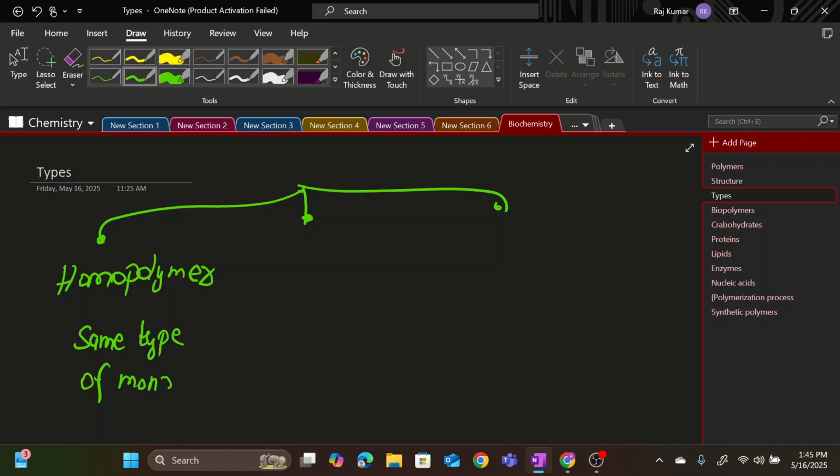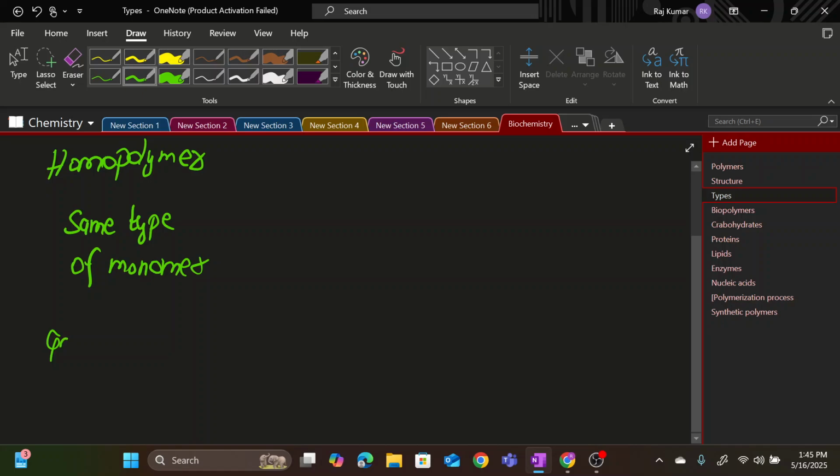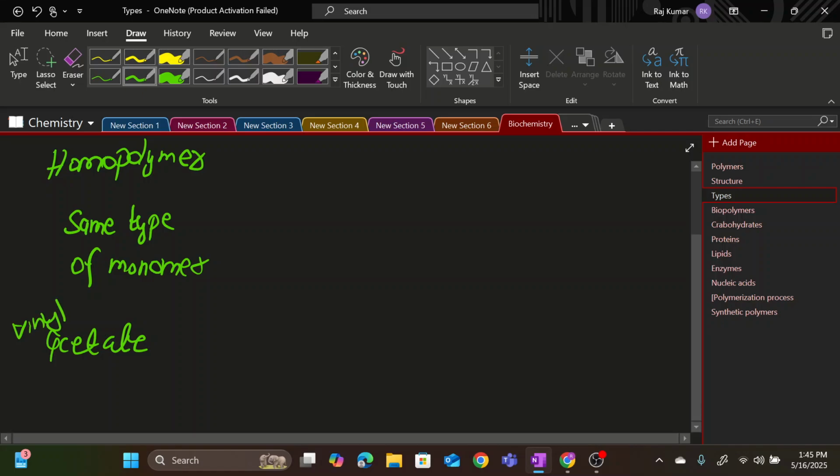For example, let's say I take vinyl acetate, right? And what I'm going to do is polymerize vinyl acetate, which will form polyvinyl acetate.